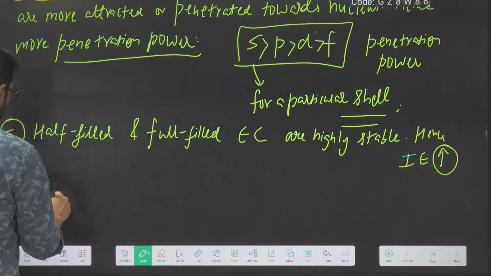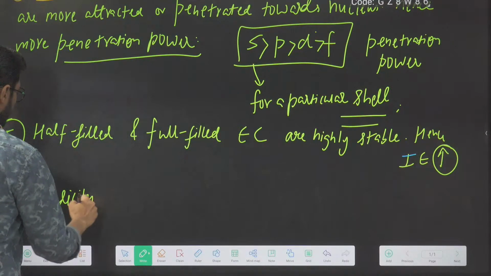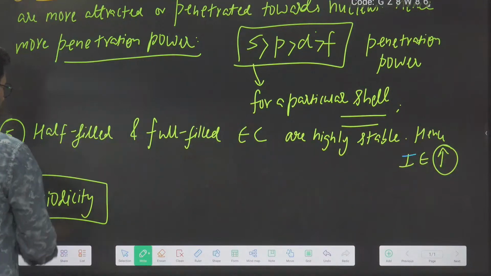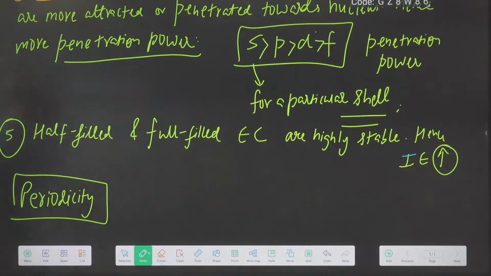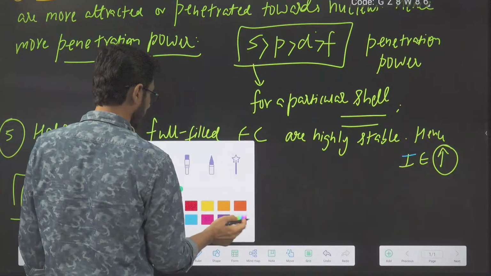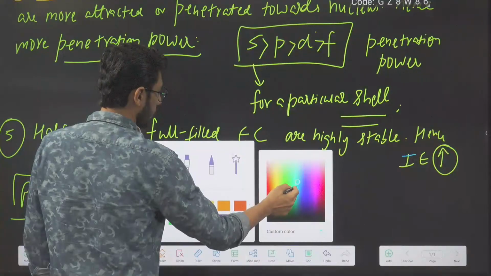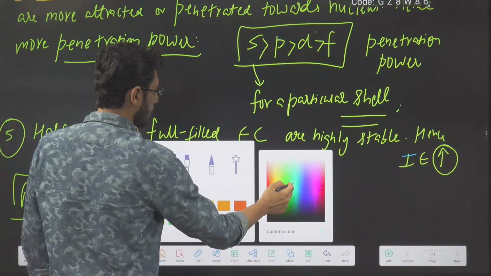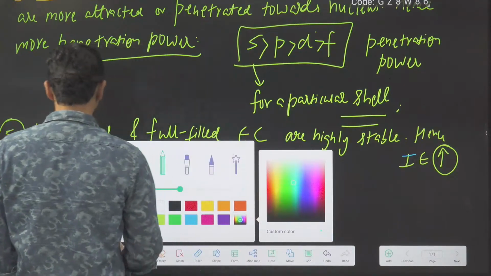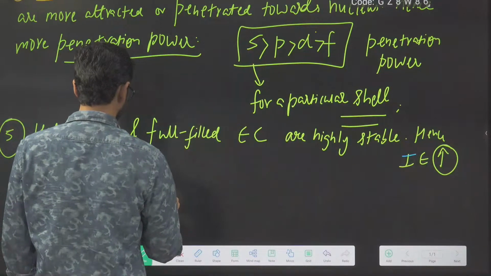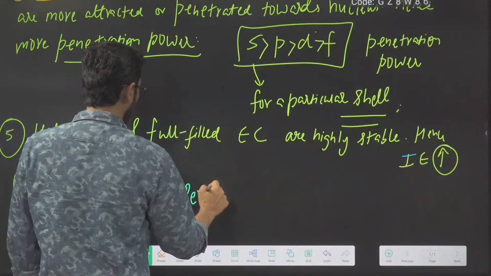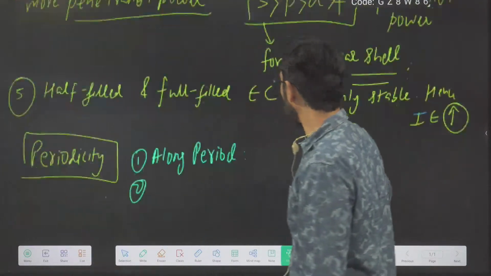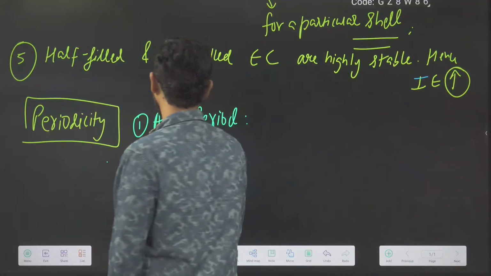Then what is the periodicity, which is the periodic trend? Along the period from left to right, and second along the group from top to bottom.